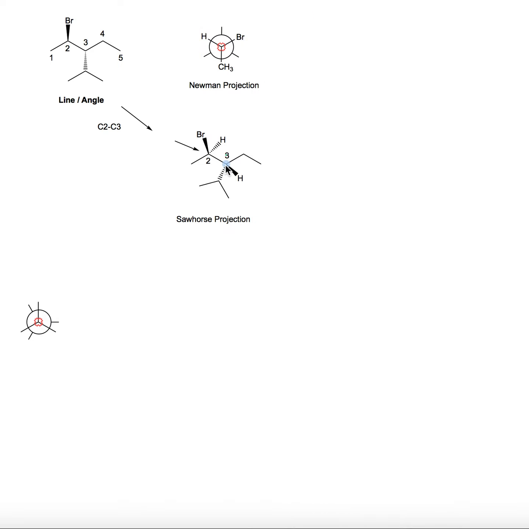Then the back carbon has pointing up CH2CH3. The back carbon, which is carbon 3, has hydrogen to your right, so hydrogen is here, and to your left it has isopropyl. So isopropyl will be here.